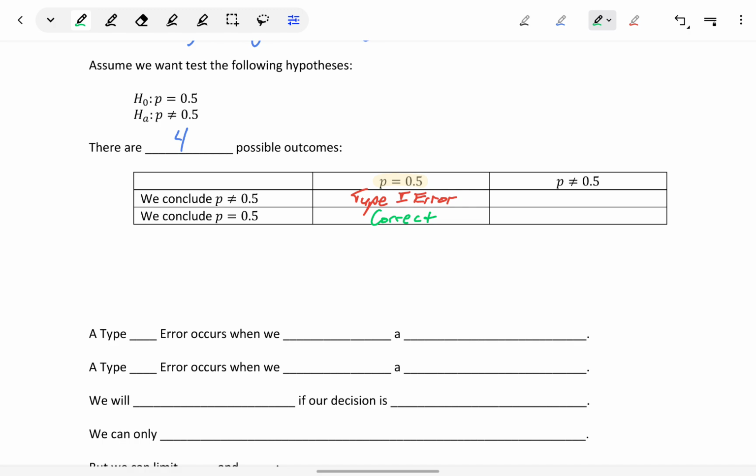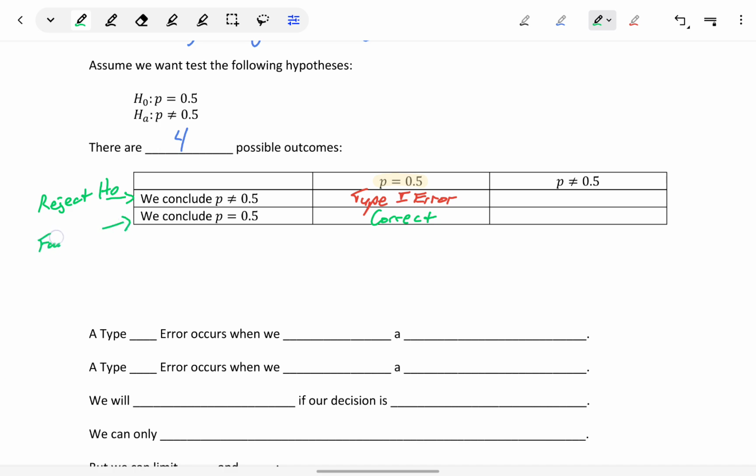And these errors are dictated by our choice with the null hypothesis. So if we end up concluding that P is not equal to 0.5, that would occur if we rejected the null hypothesis. So we conclude the alternative hypothesis that it's not equal.